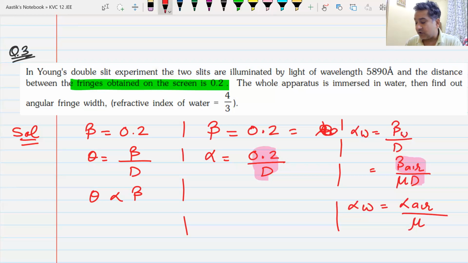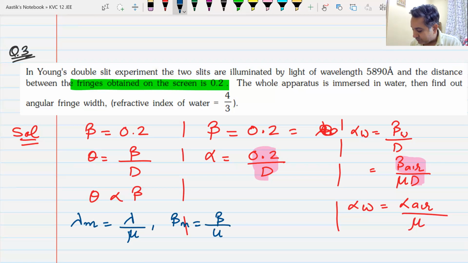So basically what we see here is that when you dip the apparatus in any medium, lambda in the medium becomes lambda in air divided by mu. Beta in the medium becomes beta divided by mu. And alpha in the medium also becomes alpha divided by mu. Do we get this?